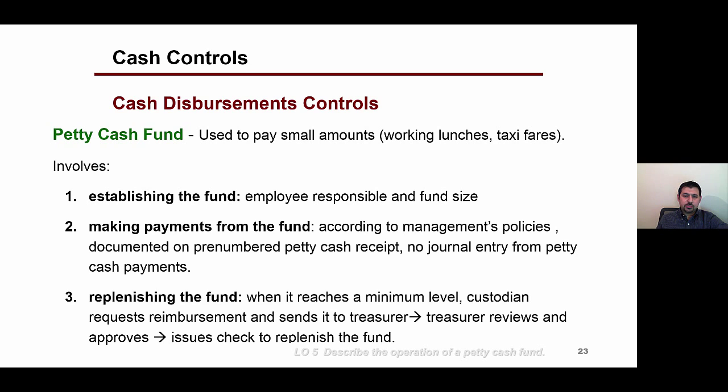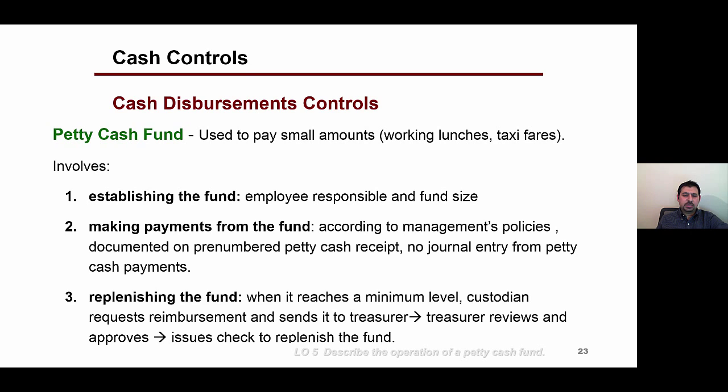So no journal entries will be entered at that point. They make the payments and they record them on pre-numbered receipts. Once the fund reaches a minimum, the custodian of the fund will request replenishing or restoring the fund to its original size.